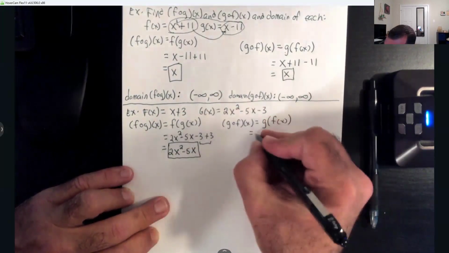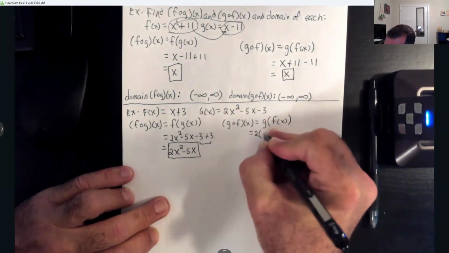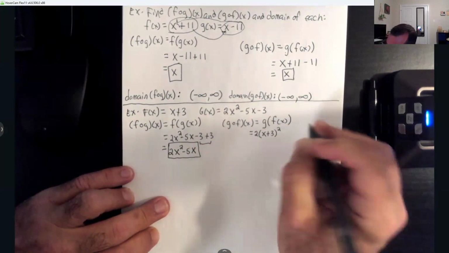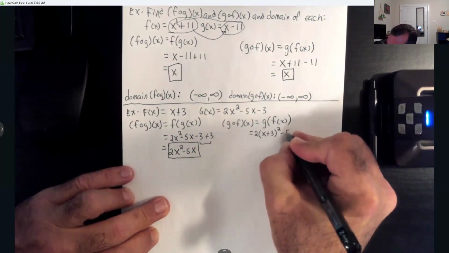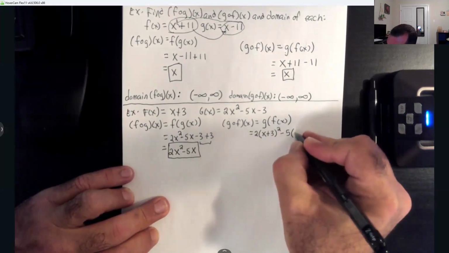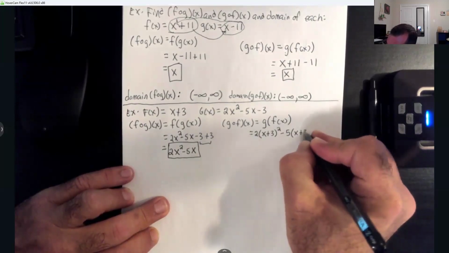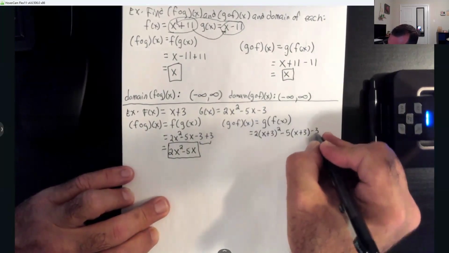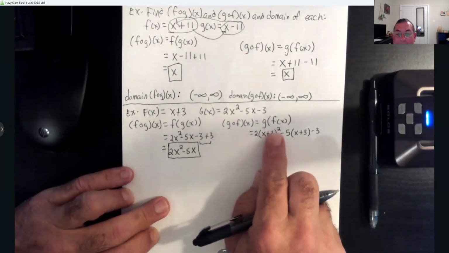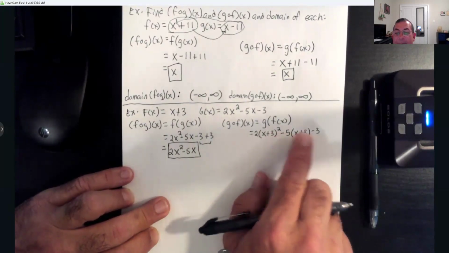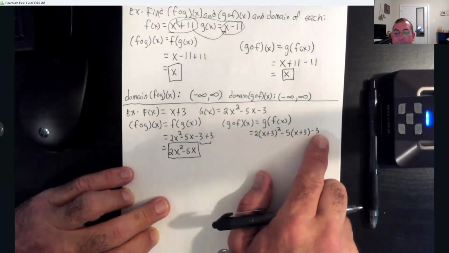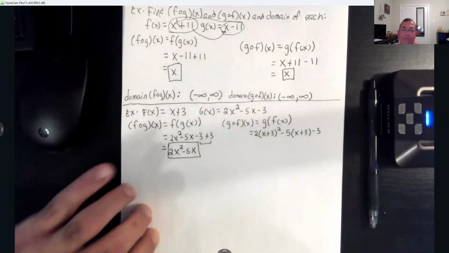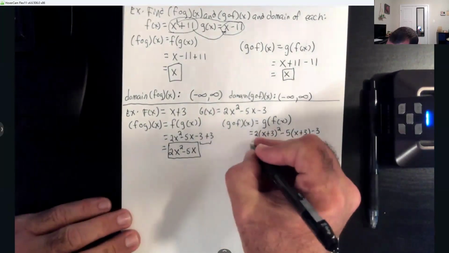So we're going to have 2 times x plus 3 squared minus 5 times x plus 3 and then minus our 3. So we got 2x minus 5x minus 3. It's just our x happens to be that whole function.